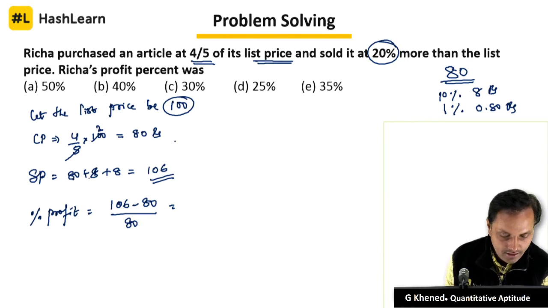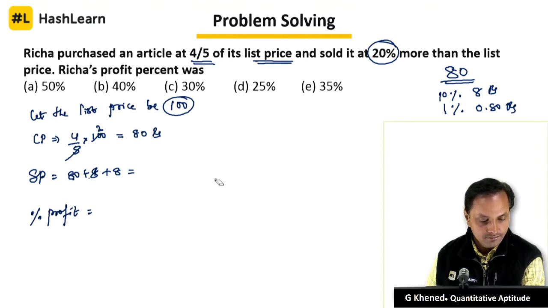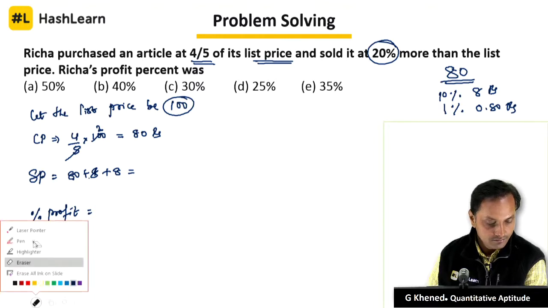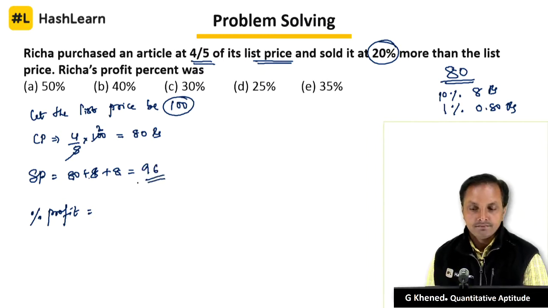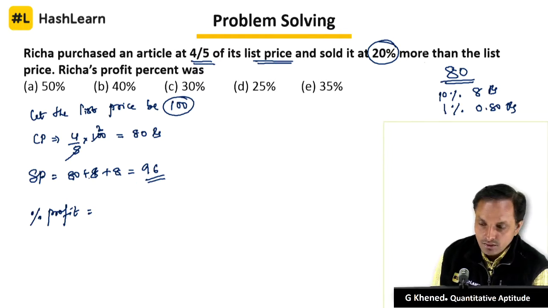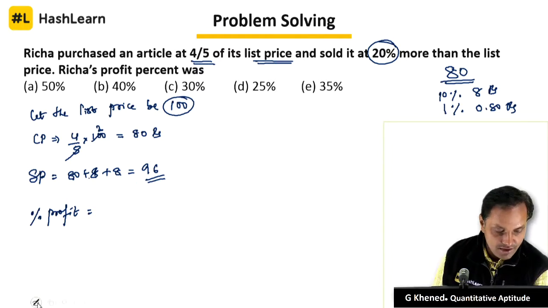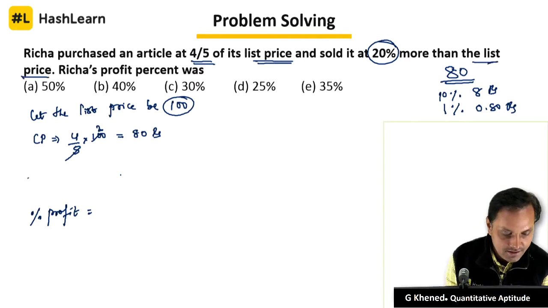Sorry, that will be 96, not 106. Eight plus 8 is 16, and that is your 96. So 20% more than the list price. What is your list price? Your list price is, to be noted here, that is the list price.